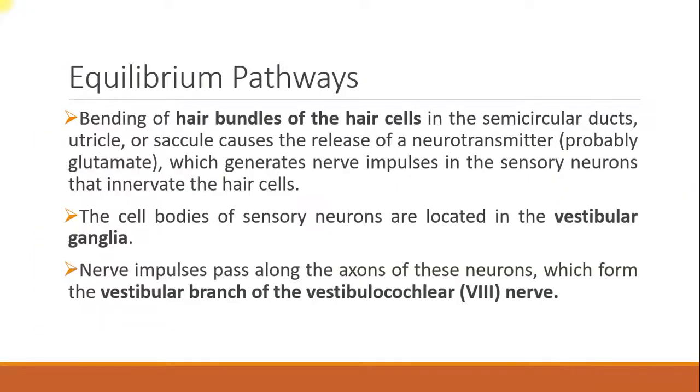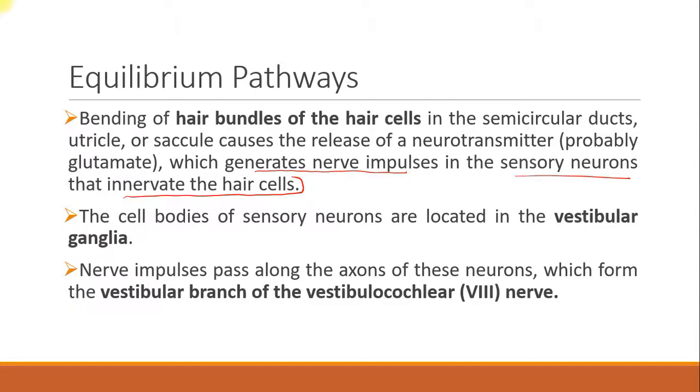Bending of the hair bundles of the hair cells in the semicircular ducts, utricle, or saccule causes release of a neurotransmitter, which is probably glutamate. This released neurotransmitter generates nerve impulses in the sensory neurons which innervate the hair cells.